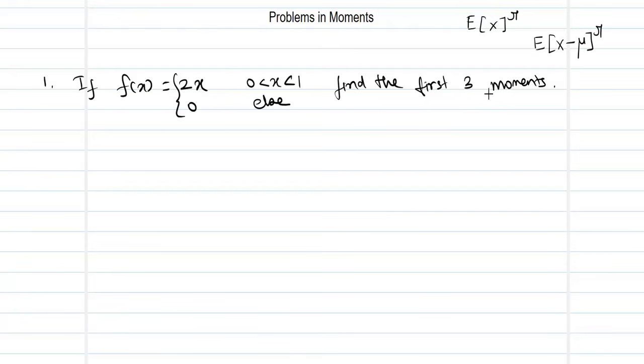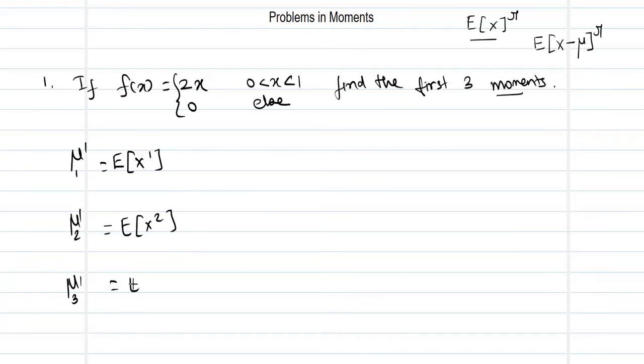When it is generally referred to as moments, by default we refer to the raw moments. Raw moments mean expected value of x to the power of r. So what are the first three raw moments? They are mu1 prime, mu2 prime and mu3 prime, given by expected value of x to the power of 1, expected value of x to the power of 2, and expected value of x to the power of 3.